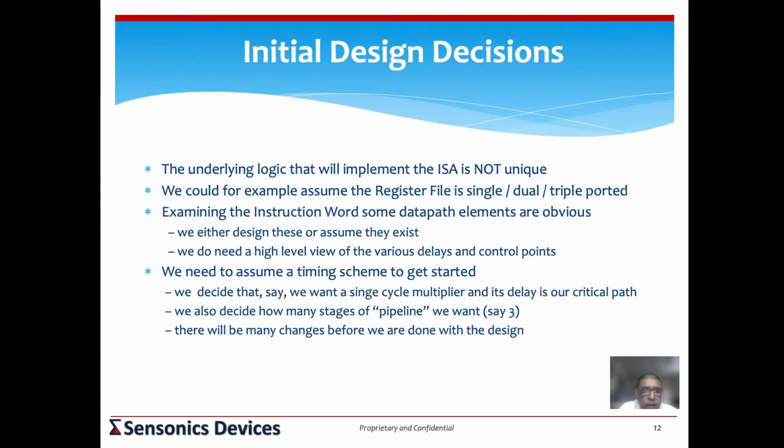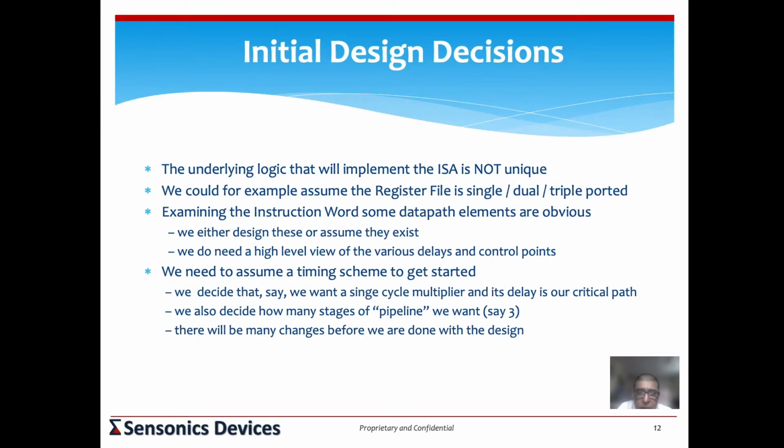Having made the Excel, the next step is to make some design decisions. In order to write the flowcharts, you have to have some core logic that you would anchor your flowcharts around. So I call these the initial design decisions. And you have to recognize first that the underlying logic that will implement the ISA is not unique. That's very critical to understand.